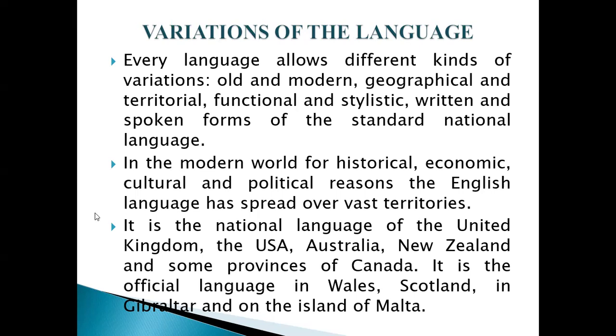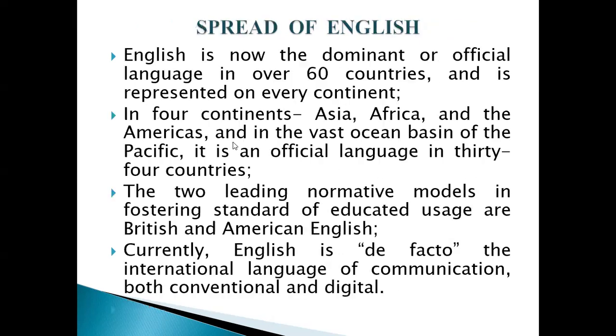It is the national language of the United Kingdom, the USA, Australia, New Zealand, and some provinces of Canada. It is the official language in Wales, Scotland, in Gibraltar, and on the island of Malta.